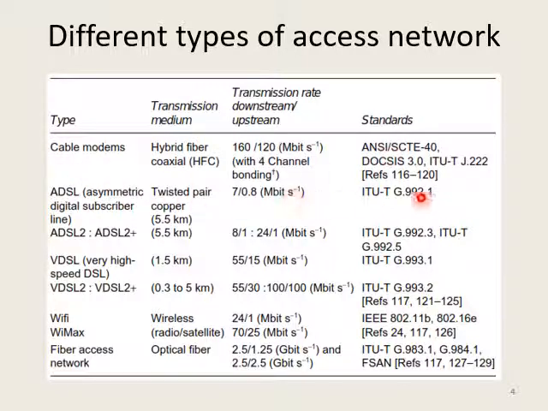This is all in the table. If I take hybrid fiber coaxial cable, it can have around 100 to a maximum of 160 Mbps, and the standard is defined by the American National Standards Institute, ANSI, for HFC.